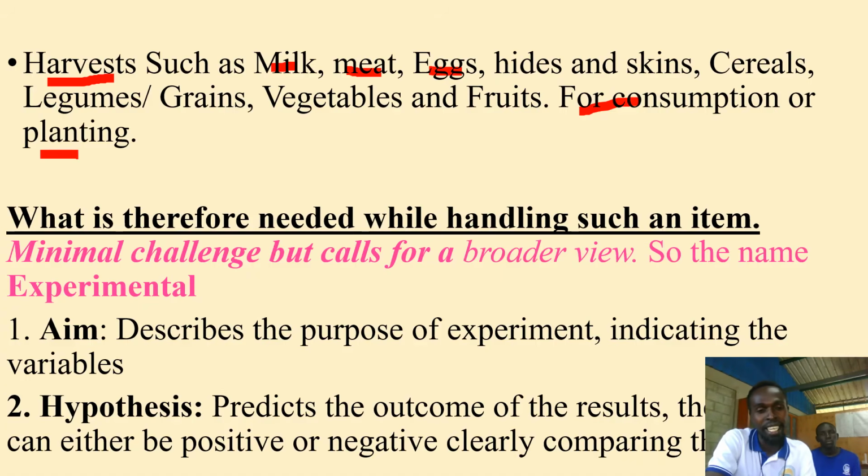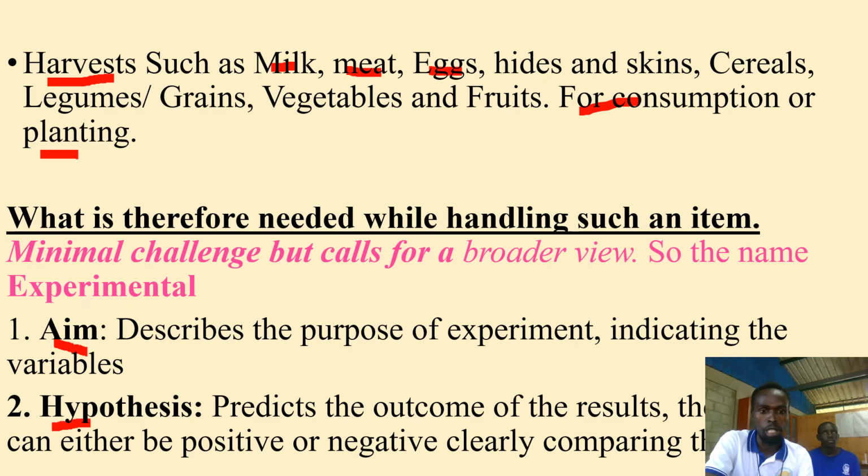So to a candidate and to a practicing teacher, what is therefore needed while handling this item? It has minimal challenges, there might be only one, but it calls for a broader view. So the name experimental, number one, requires you to provide an aim, which describes the purpose of the experiment, indicating the variables.